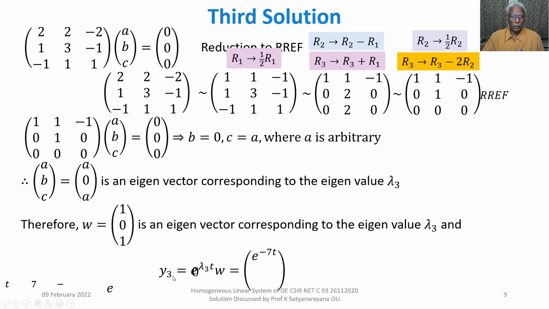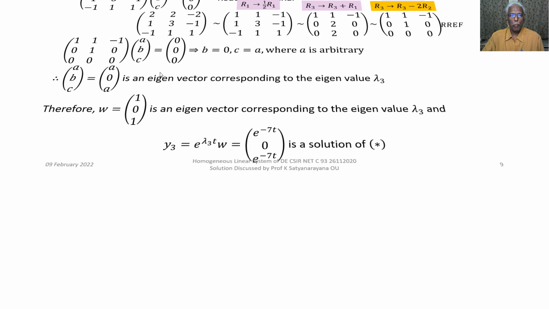Therefore, y3 is equal to e to the power lambda 3 t into W, which is the column vector (e to the power minus 7t, 0, e to the power minus 7t), is a solution of star. Thus, we have found yet another solution for the given system given by star.